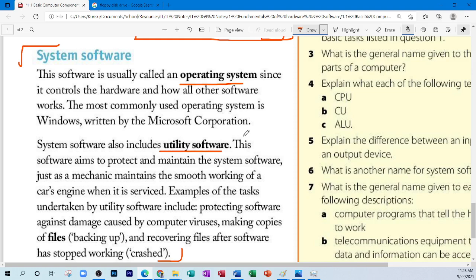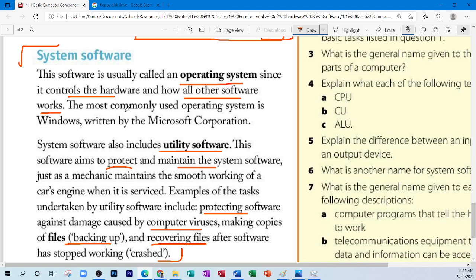This software aims to protect and maintain the system software, just as a mechanic maintains the smooth working of a car's engine when it is serviced. Examples of the tasks undertaken by utility software include protecting software against damage caused by computer viruses, making copies of files (backing up), and recovering files after software has stopped working (crash).